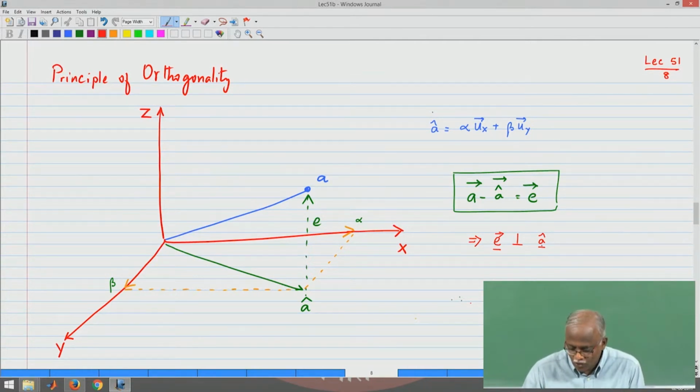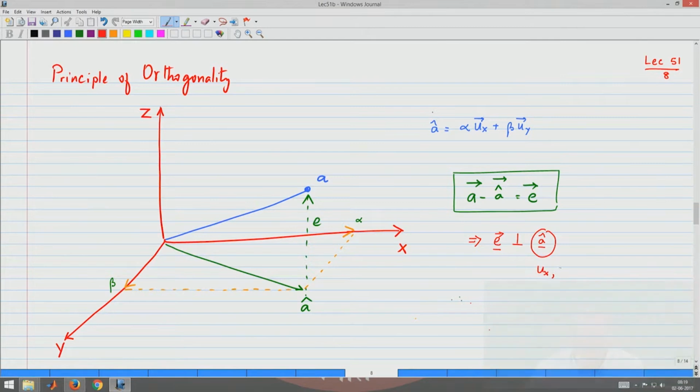This also means that it will be perpendicular to the components of A hat. So, ux and uy are the unit vectors, and the error has to be orthogonal to the components of A hat. In other words, the error vector is orthogonal to the plane that is represented by A hat. This is what we refer to as the principle of orthogonality.